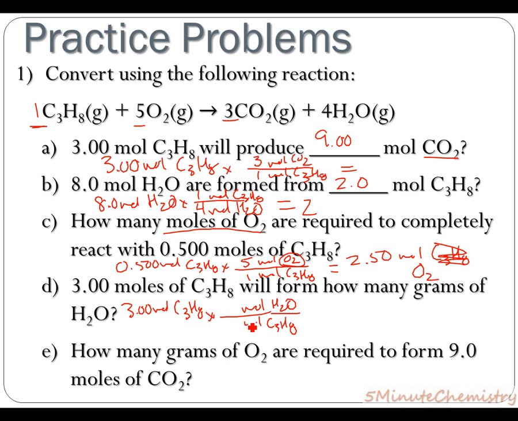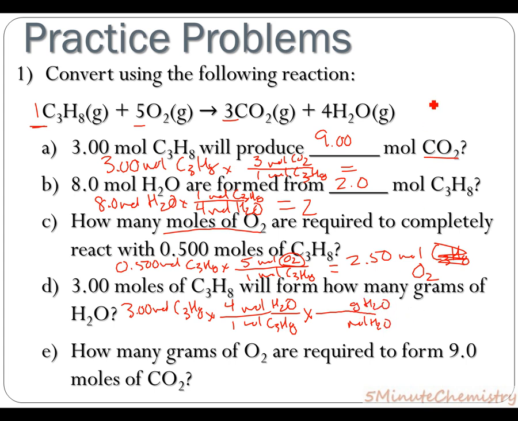When we look at our coefficients, we see 1 mole of C3H8 is going to react to produce 4 moles of H2O. Once I have this conversion set, I now have moles of water, but I'm going to need to use the molar mass of water to cancel moles of water and go into grams of water.